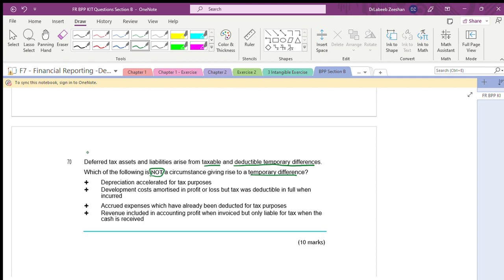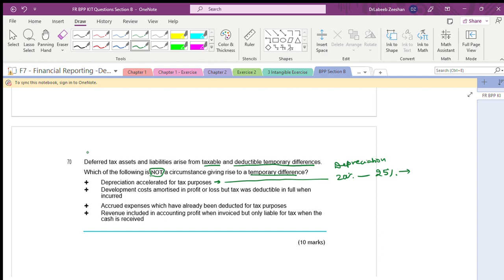Depreciation accelerated for tax purpose. Fine. You see what will happen. You are charging depreciation at 20%. Now you will charge depreciation at 25%. The rate of depreciation is increased. See the thing.